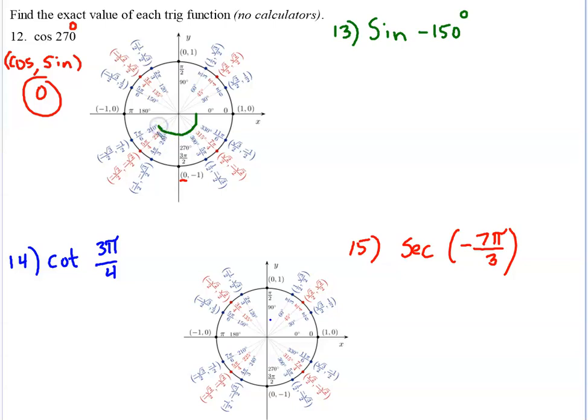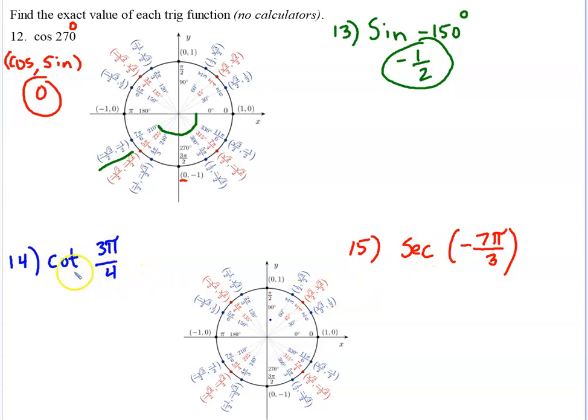And that puts me right there at, it says 210 degrees, but that's the same ordered pair that I'm going to be using for -150. Okay, so the ordered pair is right here. Sine relates to the y coordinate, and so all I have to do is grab that y coordinate, and that is my answer. The answer is -1/2.